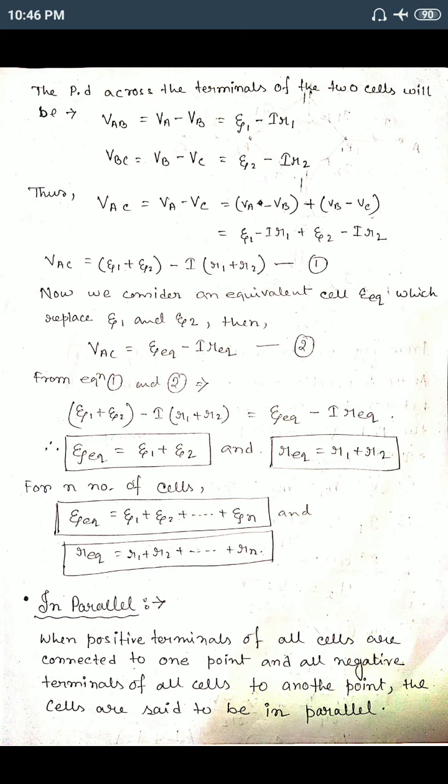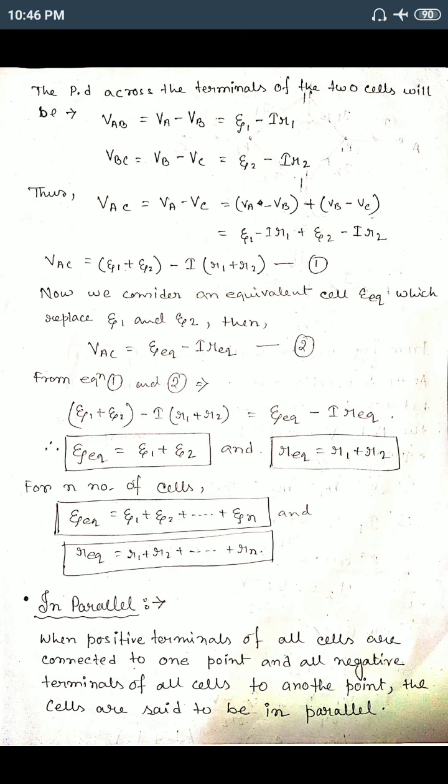Now in place of E1 and E2, if we use another one cell which is equivalent to that, whatever the combined effect of E1 and E2, that is equal to that cell, denoted by E equivalent, and the resistance also R equivalent.